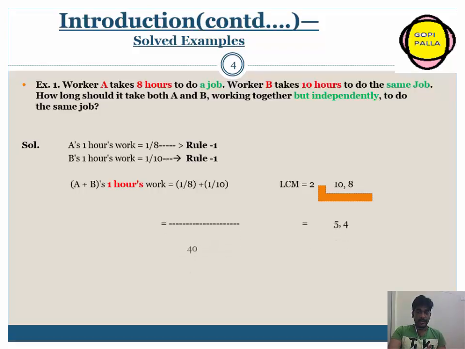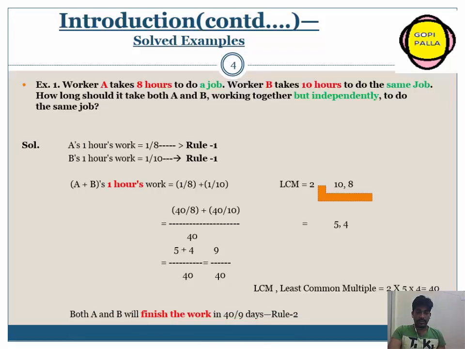The LCM is 40. Then we divide 40 by the denominator of the first fraction, and 40 divided by 10 for the second fraction, and we get the value 9 by 40. This is A plus B's 1 hour's work. To find how many hours A plus B take to finish the work, we have to invert it, so 40 by 9, as per rule 2, as we know already.